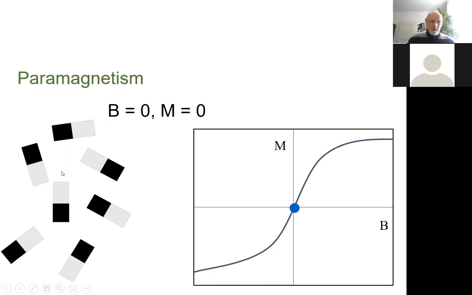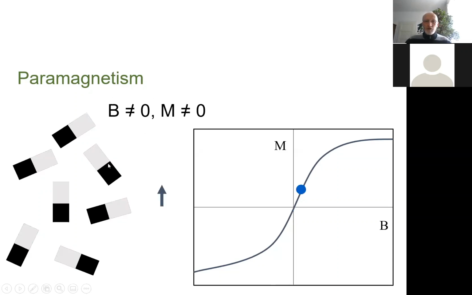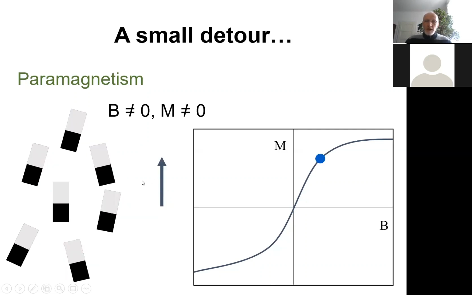So, paramagnetic material, we can imagine that it consists of a lot of small dipoles which are randomly oriented in a zero field. But if we switch on an external field, they start to reorient along the magnetic field.